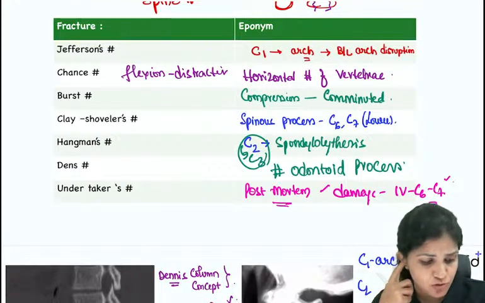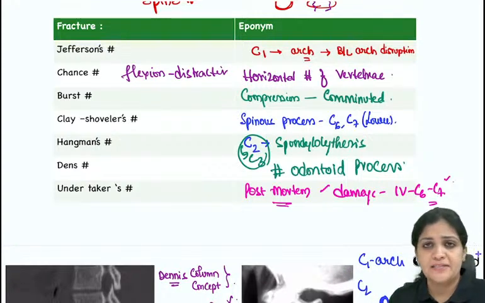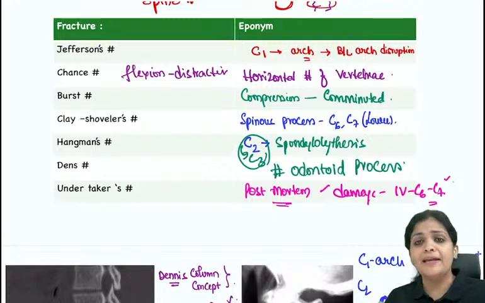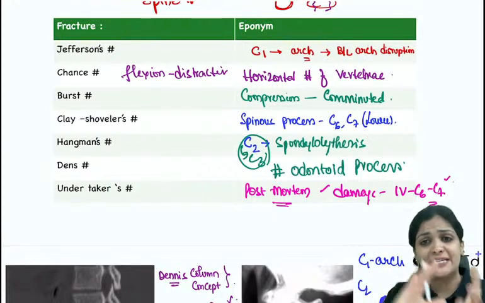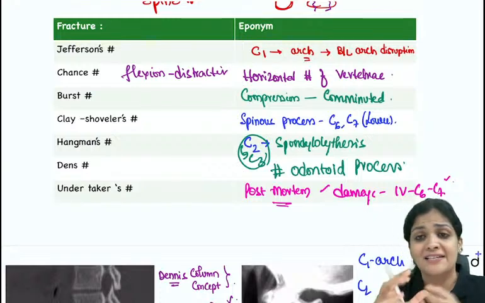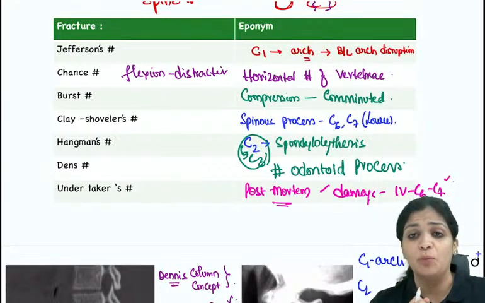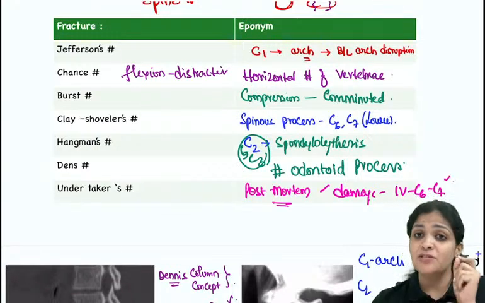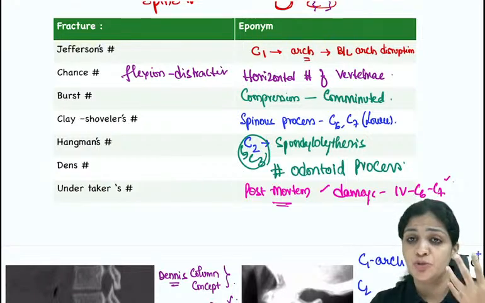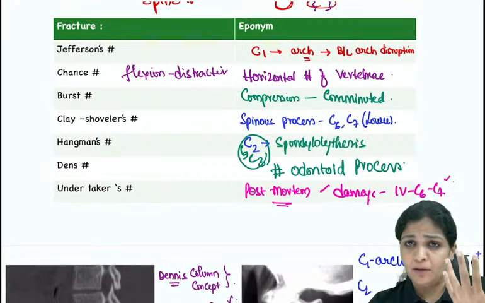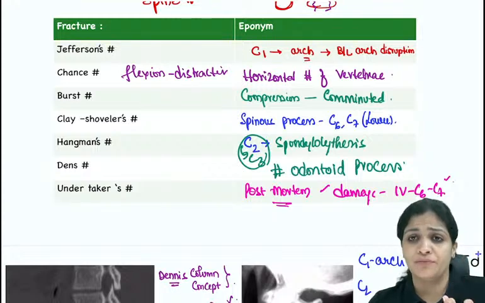Dens fracture is most common. So undertaker's fracture is usually an autopsy finding where they see damage to the C6 and C7 vertebra resulting in crushing of that intervertebral disc. And you have to remember this, because it is not any evidence of injury or assault of that particular person.